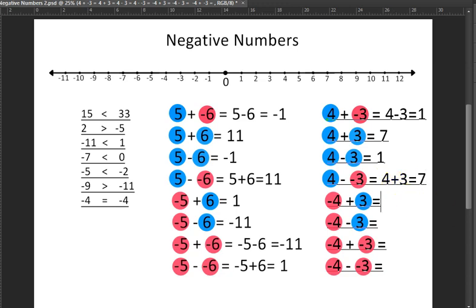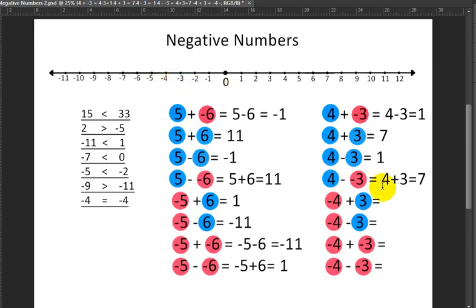All right, let's move on to the ones that have a negative 4 up front. Here we have negative 4 plus 3. Since the second number is positive, we don't need to change anything. We don't need to rewrite it. We can just do minus 4 plus 1, 2, 3.